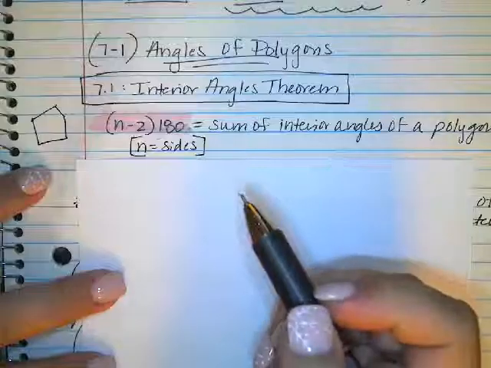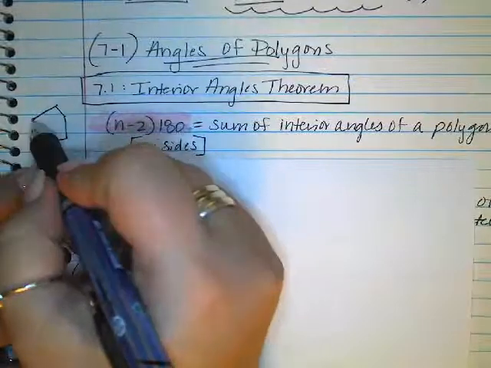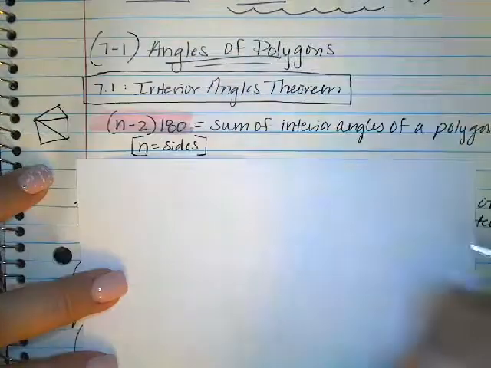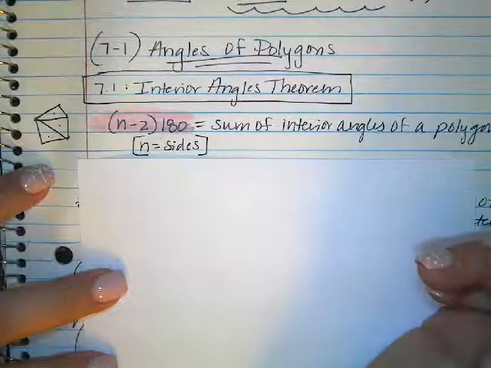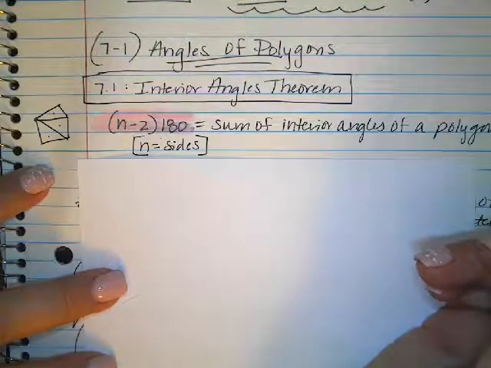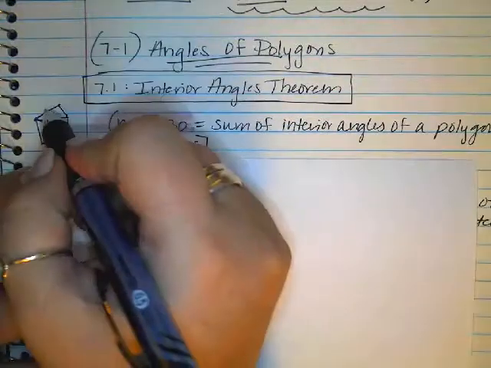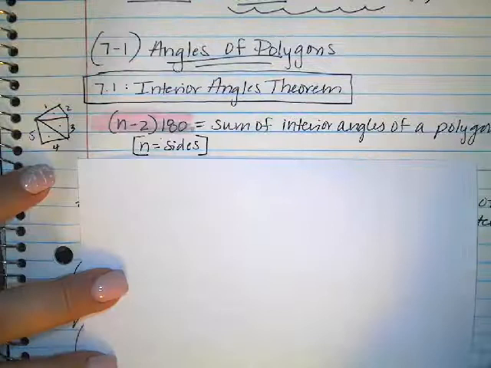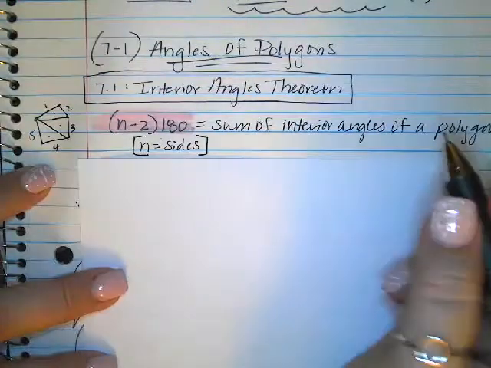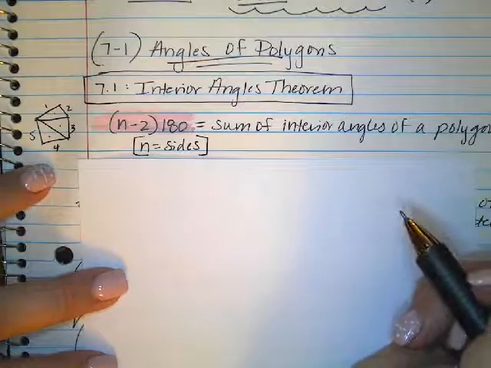Basically you pick one vertex and connect it to all other vertices. And I see that there's 1, 2, 3 triangles that were created, and 3 times 180 is 540. This is a 1, 2, 3, 4, 5-sided shape. It is a pentagon. Pentagons have 540 degrees.